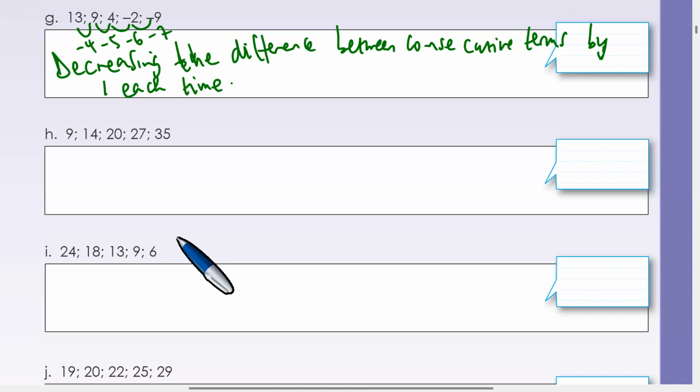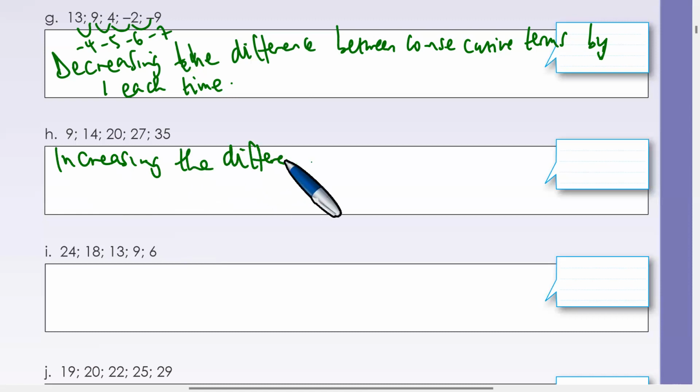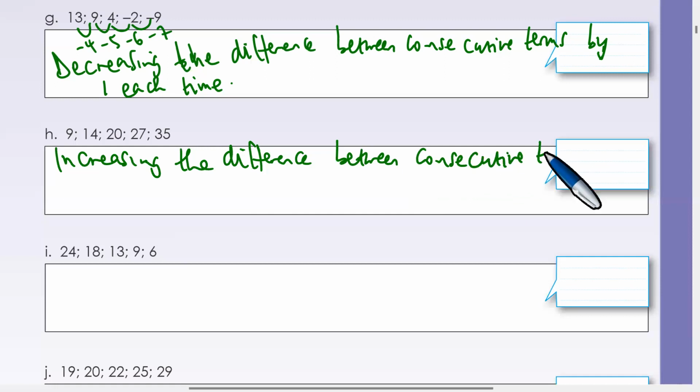Increase by 5. Between 14 and 20, increase by 6. So what is happening? You are increasing the difference between consecutive terms by 1 each time.